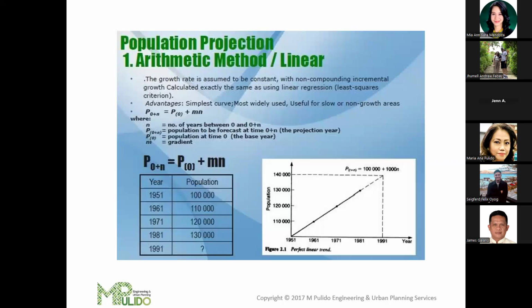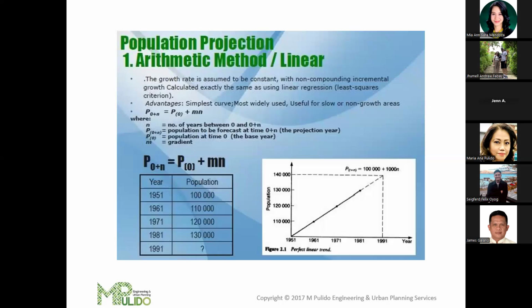So in the example shown, the population increases by 10,000. Did you notice that? 10,000 every 10 years, which means M equals 1,000 per year. And if you're projecting from 1951 to 1991, N equals 40.